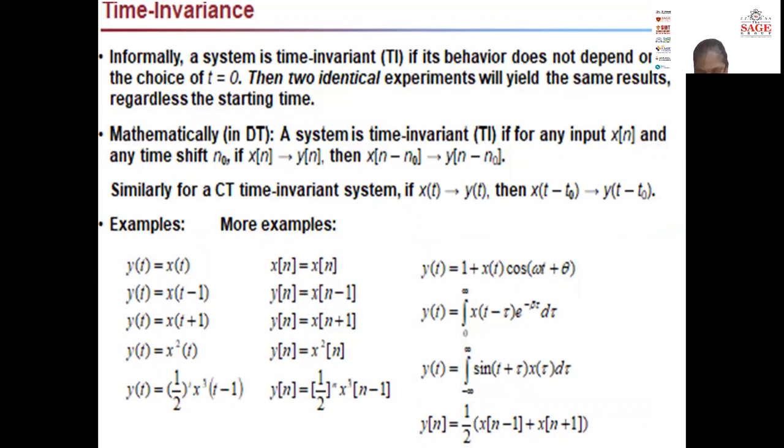For example, if we take the discrete system x[n] and y[n] is the response of the system, now we have shifted the signal by n minus n0. So the response is also shifted. This shows that the system does not change with time. So it is a time invariant system.